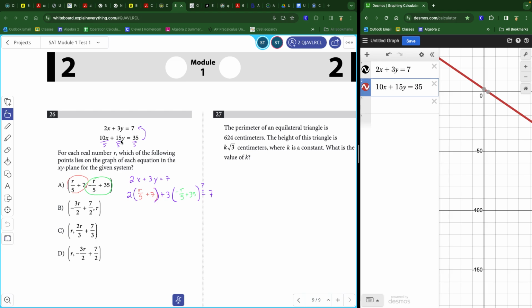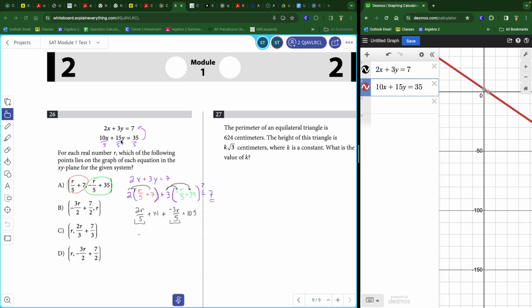So let's see here. We'll do a little math. Distribute. That's 2r over 5 plus 14, plus a negative 3r over 5, and 3 times 35 is 105. I don't see how this is going to work out to give you a 7 at all, because these two are not equal and opposites.